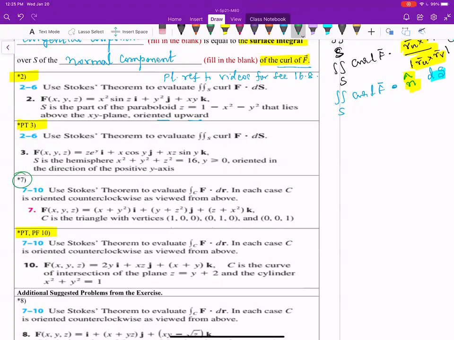Use Stokes theorem to evaluate integral over C F dot dr. In each case, C is oriented counterclockwise as viewed from above. F of x, y, z equal to (x plus y squared) i plus (y plus z squared) j plus (z plus x squared) k, and C is the triangle with the vertices 1, 0, 0, 0, 1, 0, and 0, 0, 1.